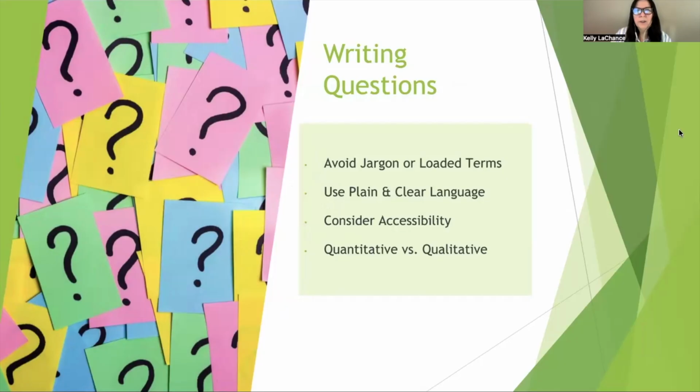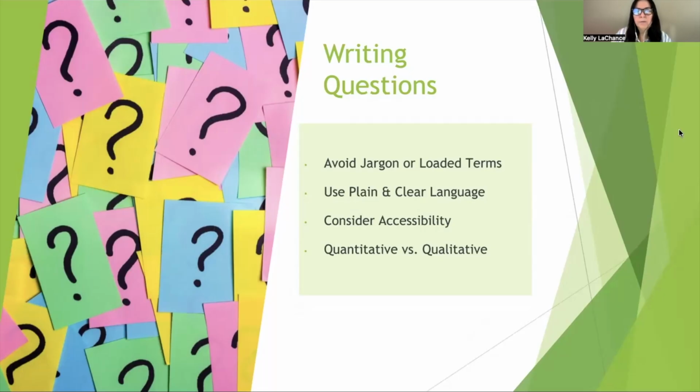So in writing questions, we just talked about this a little bit. In writing your questions, you want to avoid any kind of jargon or any type of loaded terms. You want to keep your community in mind with how you are developing the questions. You want to make the questions easy for them to understand and also to be able to answer adequately.